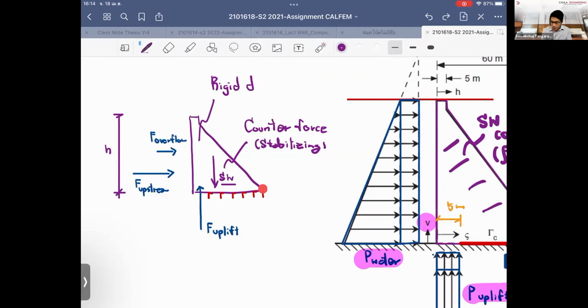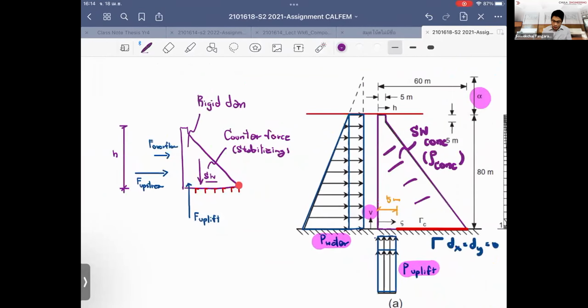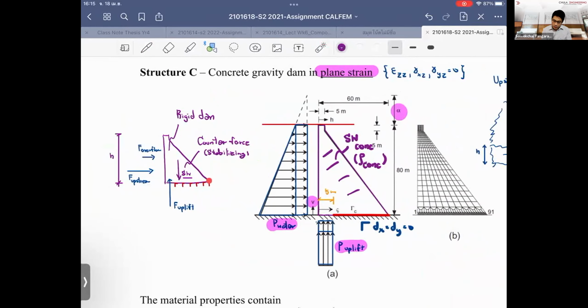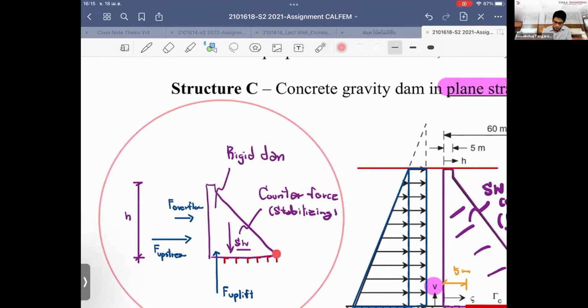Why do I say that it's a rigid dam? Because when we make the analysis like this, this is a simplified method.